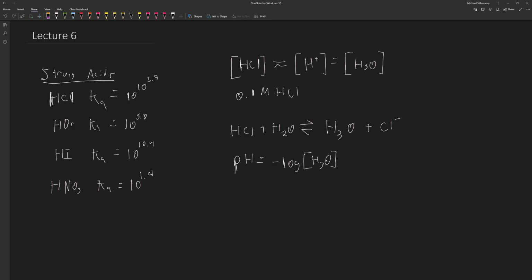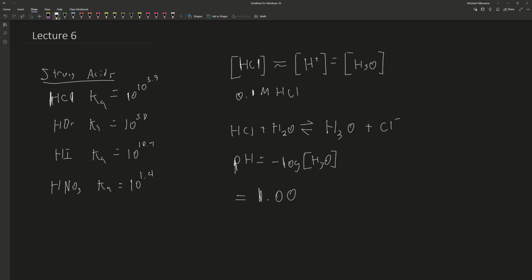If we punch this into a calculator, we get 1.00 for the pH. This is our typical means of calculation, where we use the concentration of the strong acid in the pH formula.